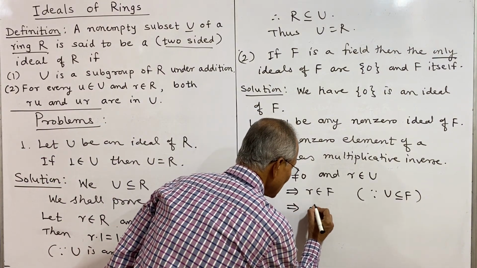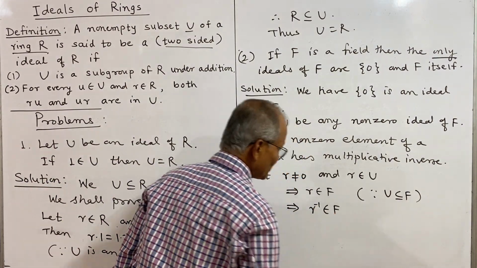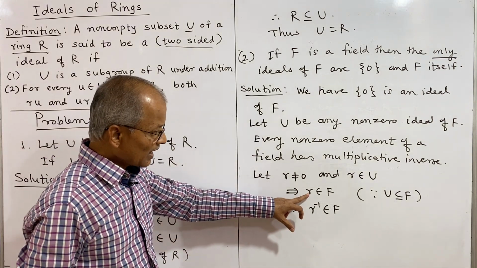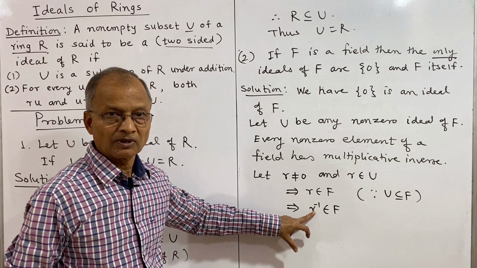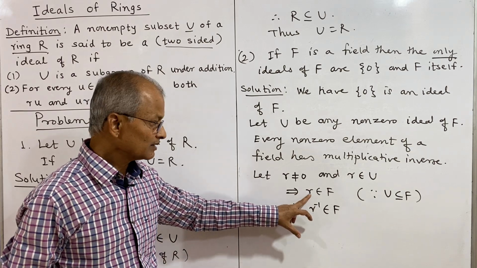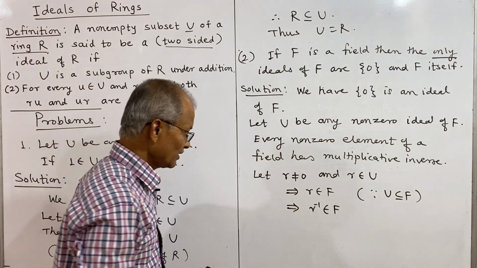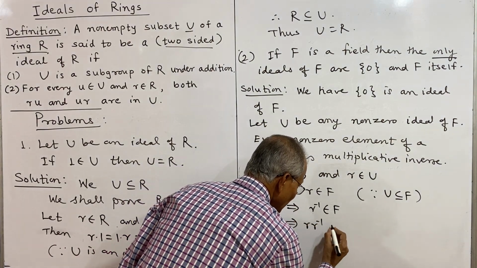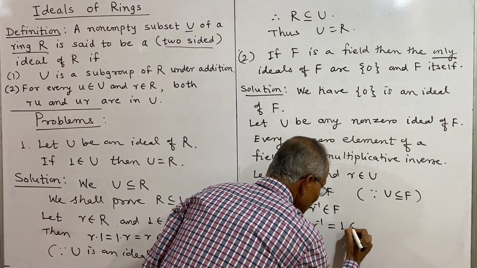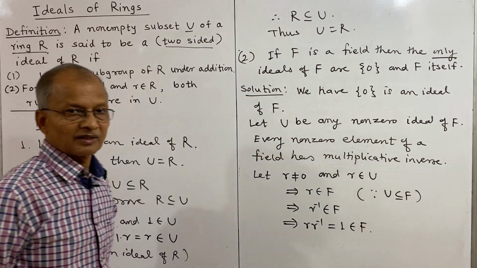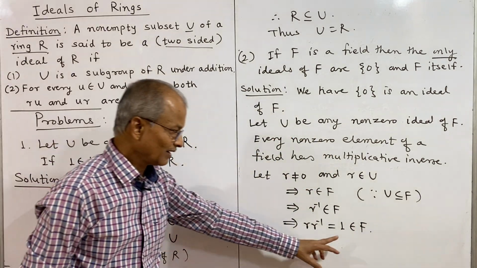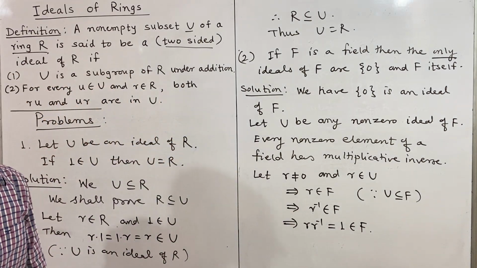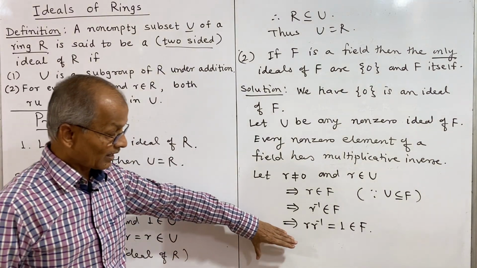This implies r inverse belongs to F. And again, these are both elements in F, and by the closure property their product must also be in F. So r times r inverse, which is equal to 1, belongs to F. And thus we have the unit element in F.